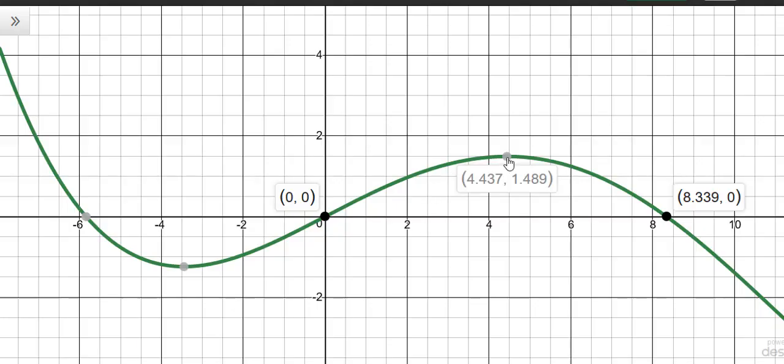Next question. What is the maximum this beam will sag or bend? Well, if we look back at this question here, we can see that the maximum sagging point is right here. It's going to sag this far, which is 1.489. I'm just going to round it off to 1.5. It's going to sag 1.5.